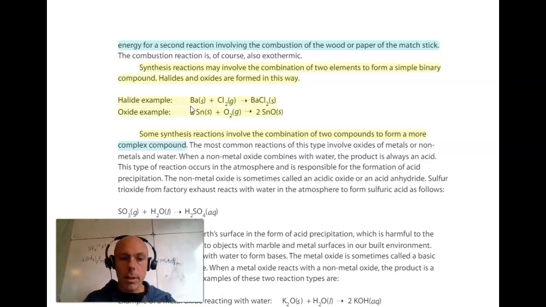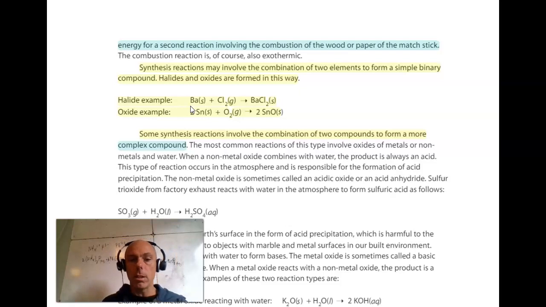What's important about this is that when you write the formula for the product, you do so using the charges that those ions will assume when they're in an ionic compound. Barium, for example, forms a 2+ ion, and chloride forms a 1- ion. And that's why we get BaCl2. It's not because those happen to have been the subscripts on the reactant side. That's a coincidence.